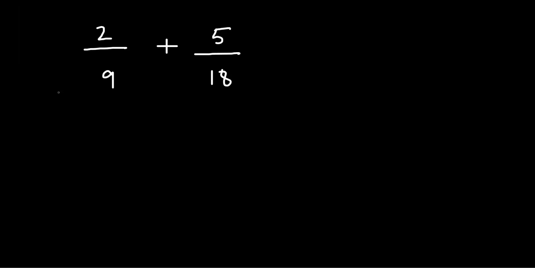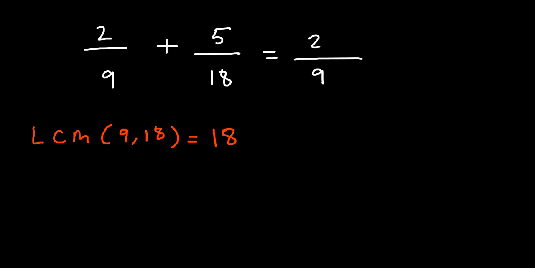So the LCM this time is 18. So we have to multiply the first fraction by 2, and we don't do anything to the second fraction. So we multiply both numbers by 2, and then we simply add the second fraction.